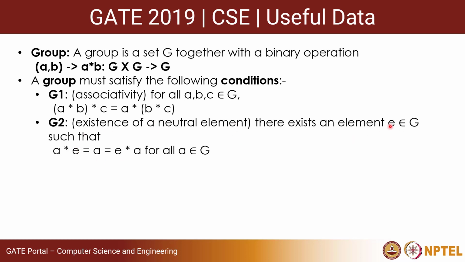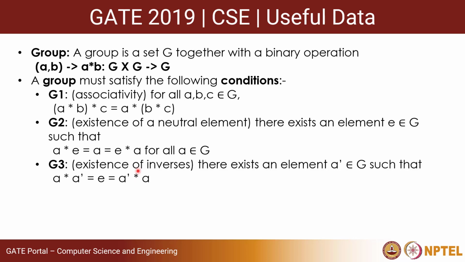There exists an element e belonging to capital G such that if I apply the binary operation star on a and e, it should give me the value a itself, so it's an identity element. G3 is existence of inverses. There exists an element a prime belonging to capital G such that if I apply the binary operator star on a and a prime, it should give me e back. e is the neutral element.